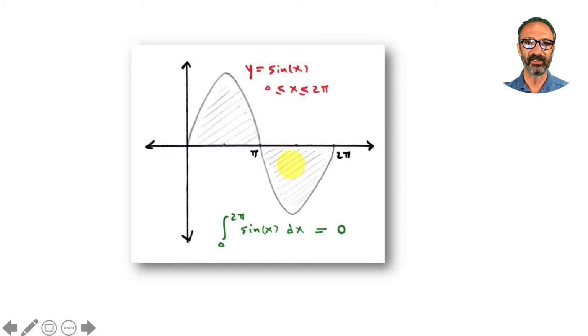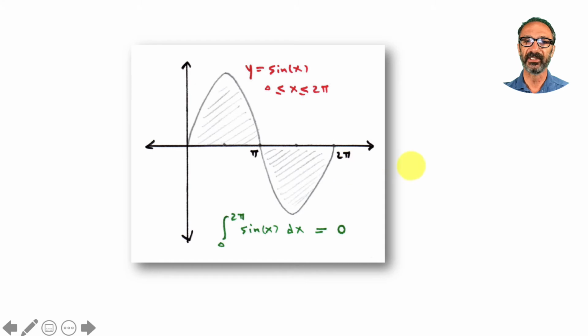If you don't pay attention to that and you want the total area, that's going to cancel this, and the integration, if you do the math from 0 to 2 pi without graphing, you're going to end up with 0, and the graph shows why you end up with 0. This and this cancel each other. A positive number here, a negative number here, same amount, they're going to cancel.